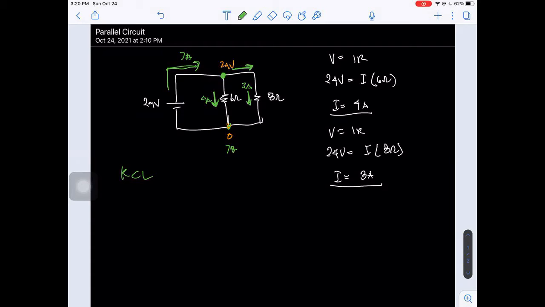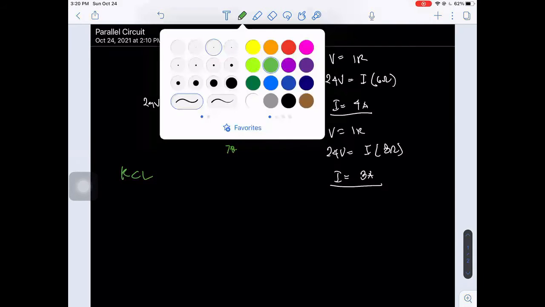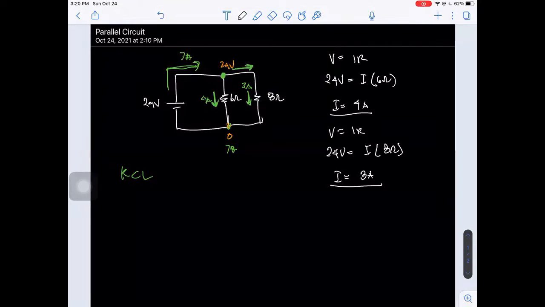Now, the next thing to do is to calculate or determine the equivalent resistance of the circuit, or the total resistance of the circuit. Still, we can use V equals IR to solve for the equivalent resistance.